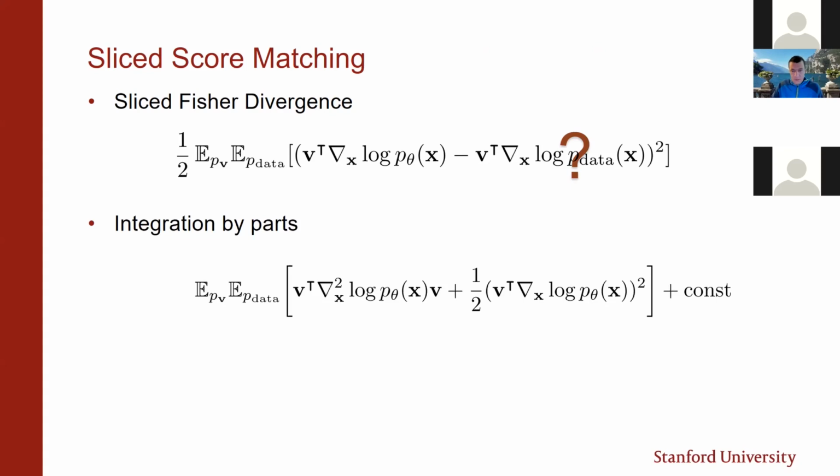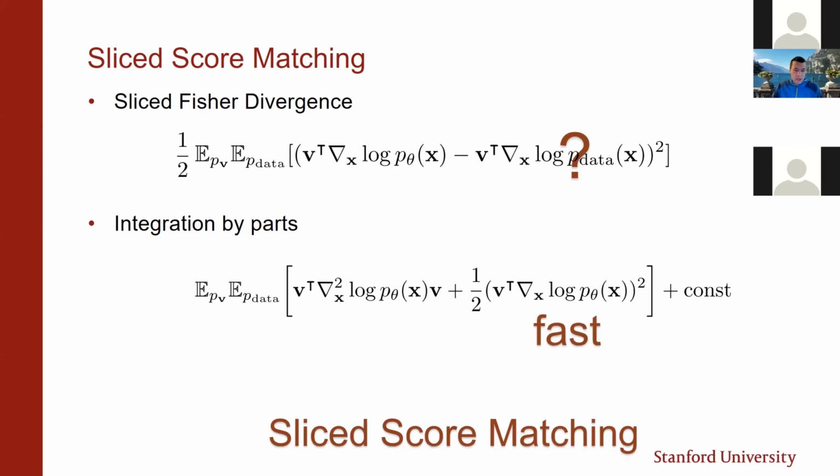But you can still apply integration by parts, and you can reduce it to an objective that only depends on the model. Here, S theta is just the gradient of the log of the density, so it's the same as before. This objective is scalable because we now have Jacobian vector products, which are essentially directional derivatives that you can compute easily via backpropagation.